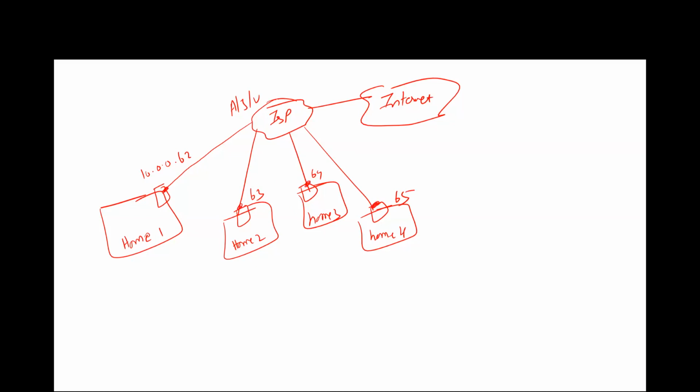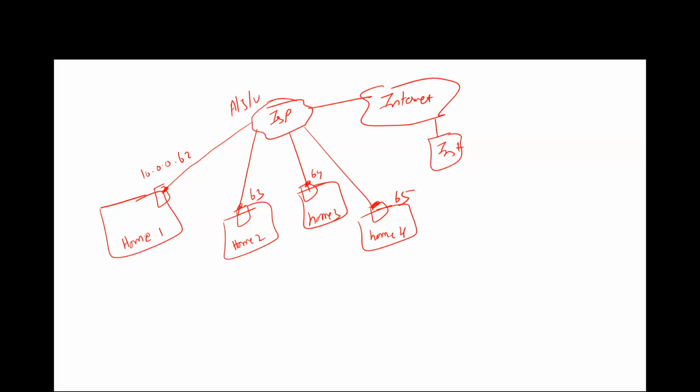Now tell me, with this private IP address as a source, can you directly send the request to an internet server? Let's assume these are four people who are all trying to access Instagram from their mobile app.